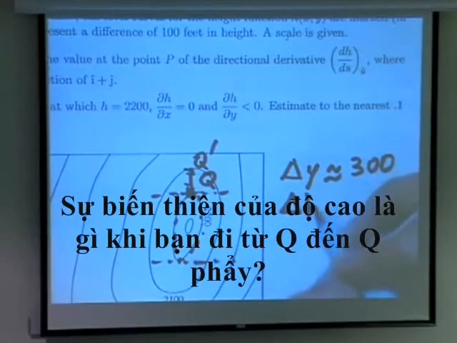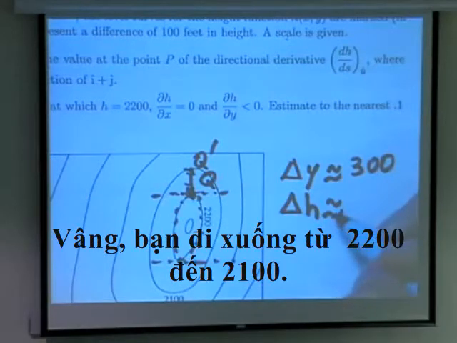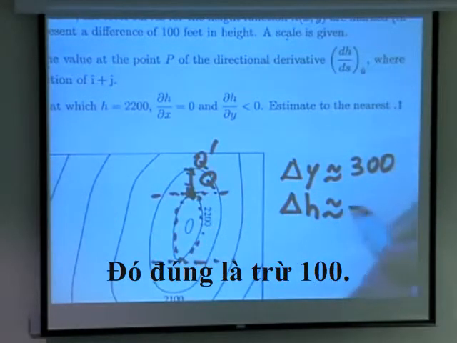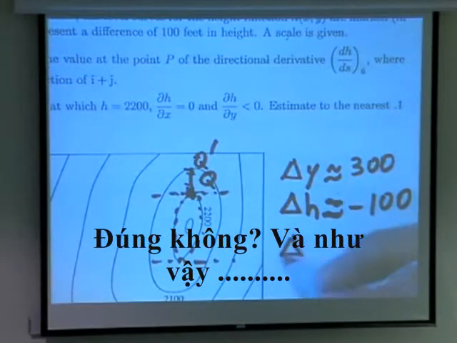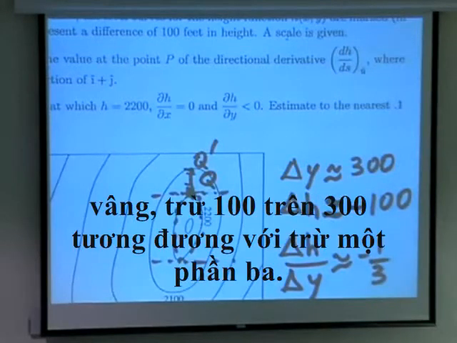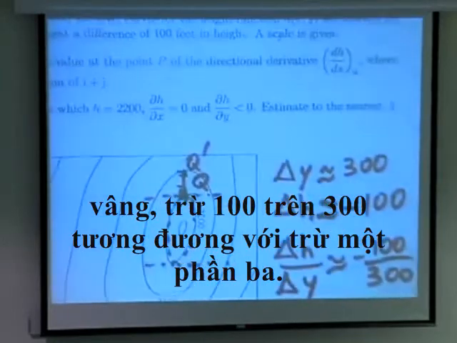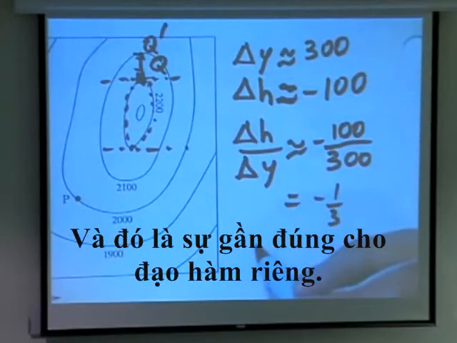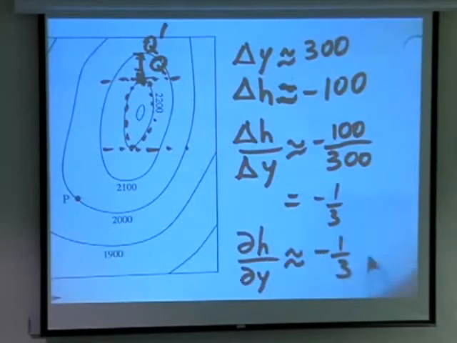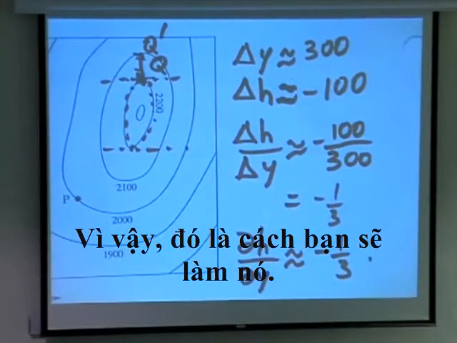What's the change in height when you go from Q to Q prime? You go down from 2200 to 2100. That's exactly minus 100. And so delta h over delta y is about minus 100 over 300, which is minus 1/3. And that's an approximation for the partial derivative. So that's how you would do it.